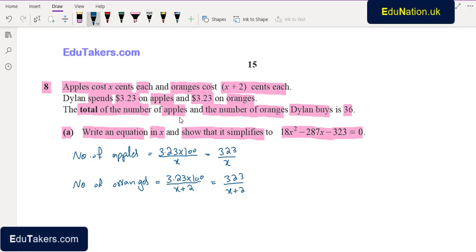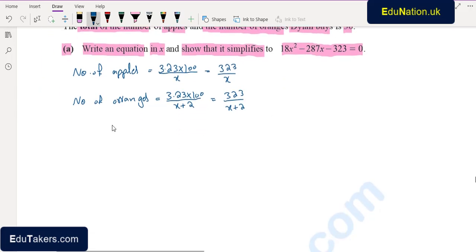Now the total of the number of apples and number of oranges is 36. So the total will be equal to 36, and this will be 323 over x plus 323 over x plus 2 is equal to 36.